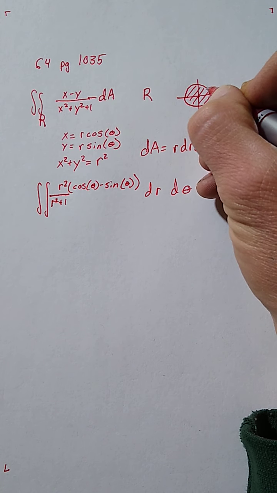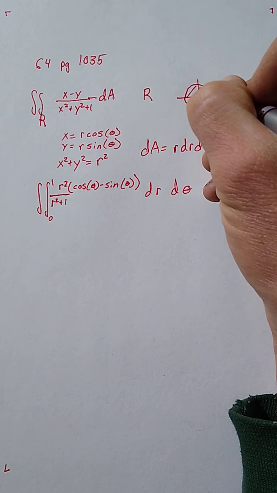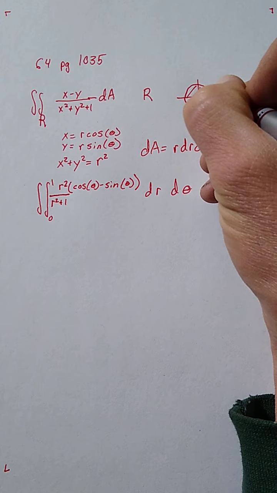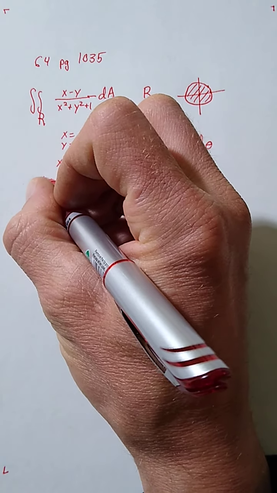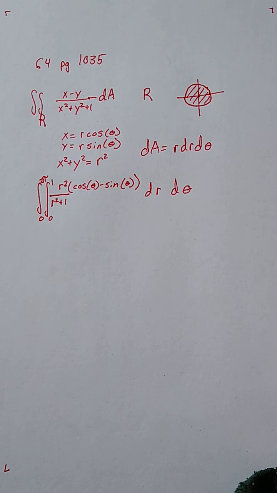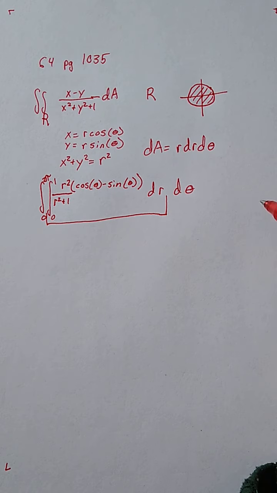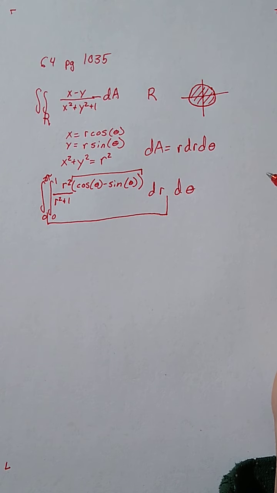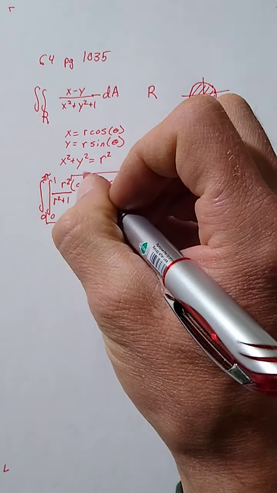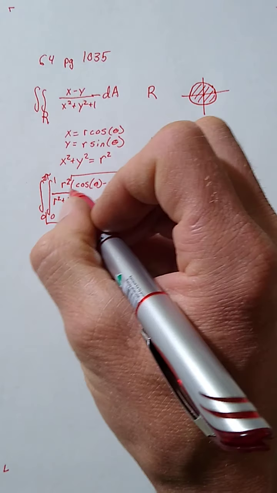Okay, now before I actually evaluate this, I should note I'm going around the unit circle, so I'm going from 0 to 1 in r, and I'm going all the way around the unit circle, so that is from 0 to 2 pi in theta. As far as this r integral goes, this theta part of it is just a constant, so let's pull that out just like we would pull a constant out in front of the integral.